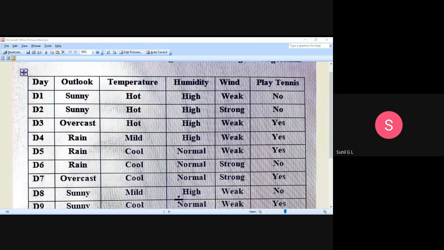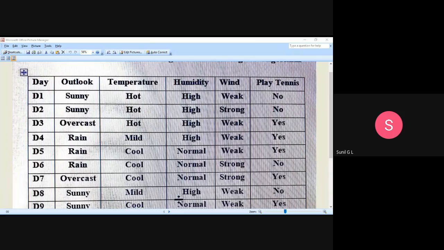First, how many hots are there, how many mild are there, and how many cool are there? Okay, so write the data set of those things, the different values of temperature: hot, mild, and cool. Then after that, you calculate the entropy of all those three.